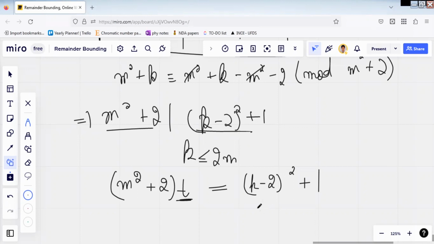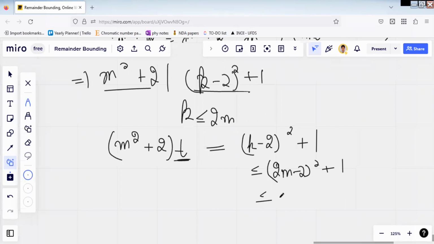So here, if you notice that k is less than or equal to 2m, which means that this thing must be less than or equal to (2m minus 2) squared plus 1, which is less than or equal to 4m squared minus 8m plus 5.